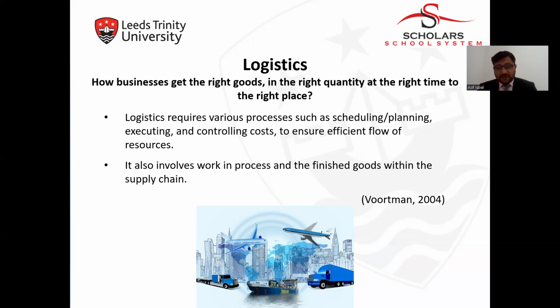It also involves work in process and finished goods within the supply chain. When something is happening to the raw material in the different processes, it should go through the supply chain, and then the things reach the finished goods.